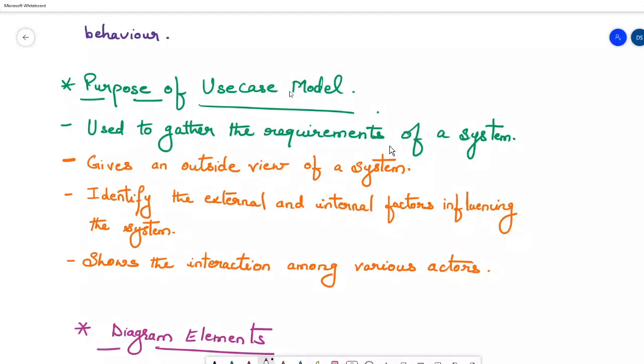If there are certain factors affecting the behavior of the actors or the processes being executed, that would be easily understood with the help of this use case diagram. And it shows interaction among various actors.